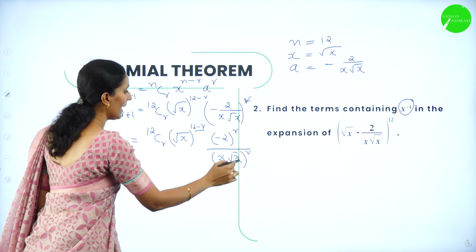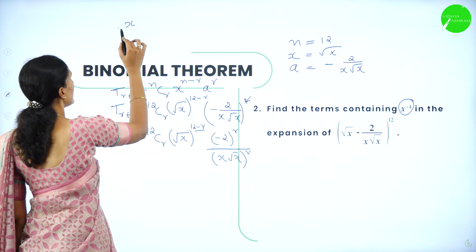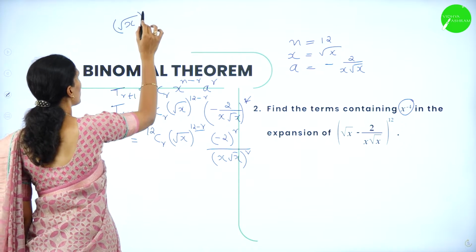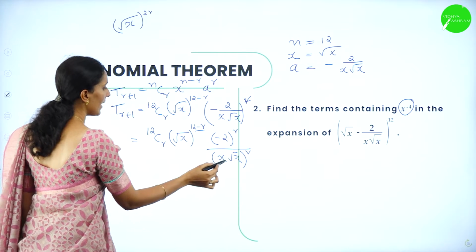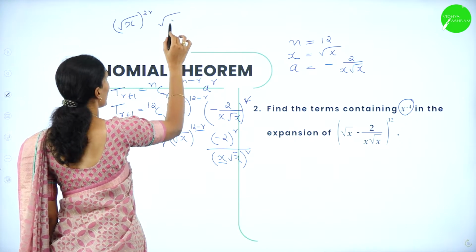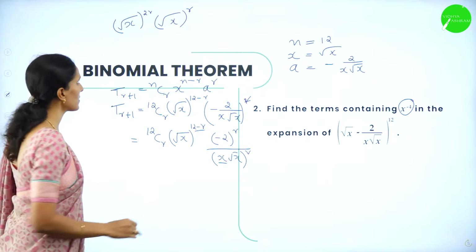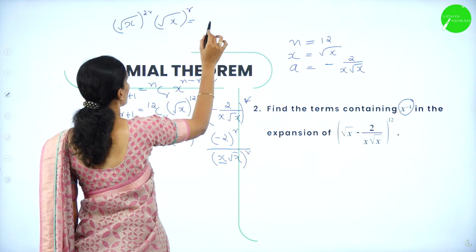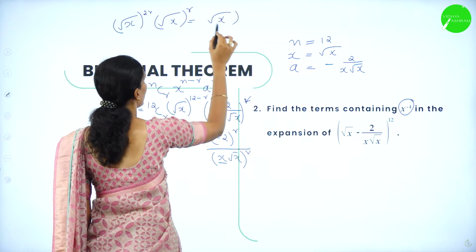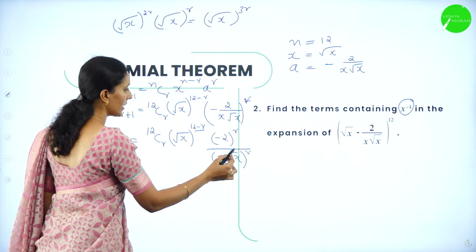Here x root x, I'll take as root x whole to the power 2r, and this is root x whole power r, which is one and the same. So this becomes root x to the power 3r.